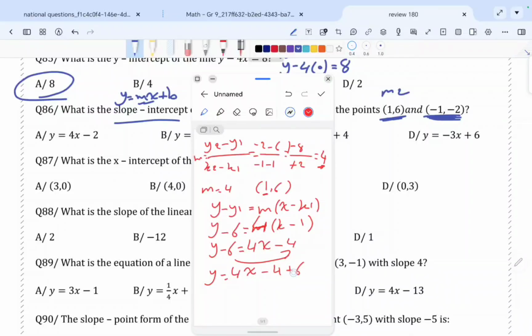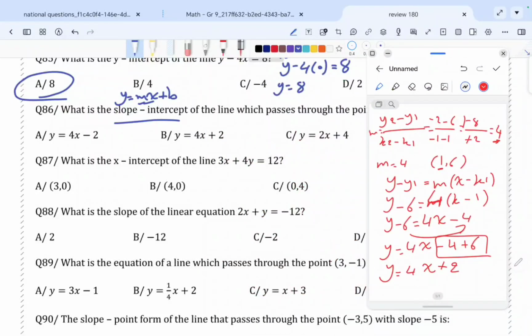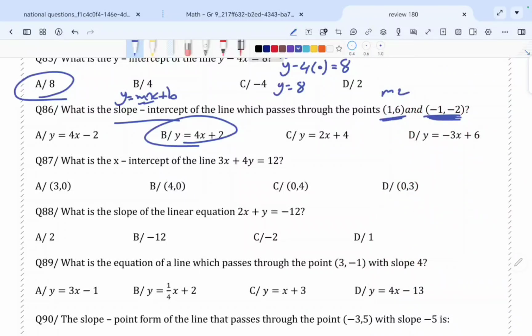Move 6 to the other side: y equals 4x minus 4 plus 6. Positive, negative, subtract them. Positive or negative? Of course positive, because 6 is greater than 4. So positive 2. y equals 4x plus 2. Let's see, 4x plus 2. B is the correct answer.